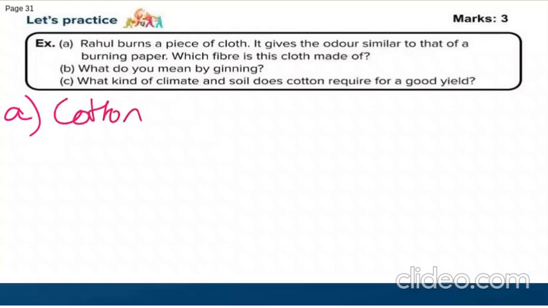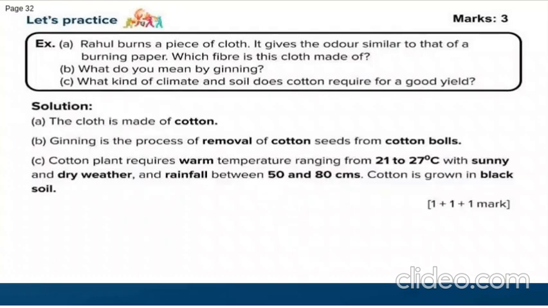Cotton and paper give a similar smell while burning. Wool will give you a smell of burning hair, because wool is the hair of the sheep. So the cloth is made of cotton, that's what gives the paper smell while burning.